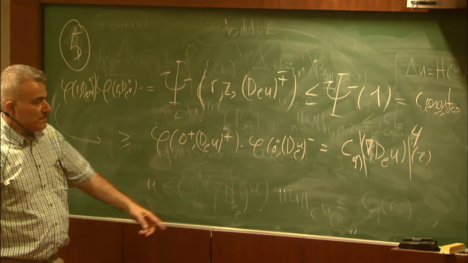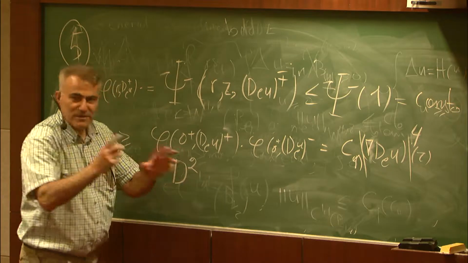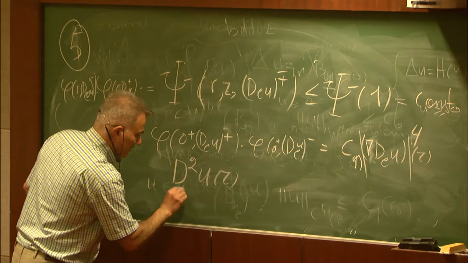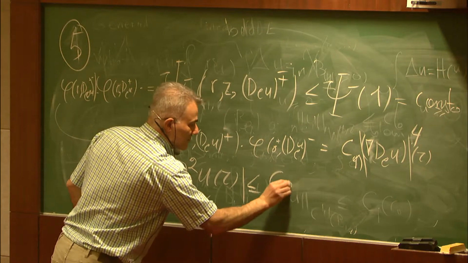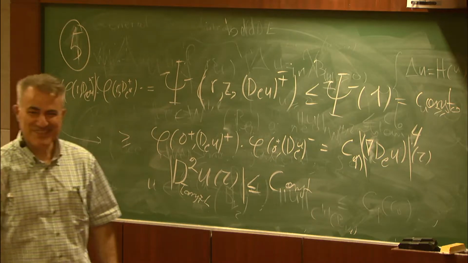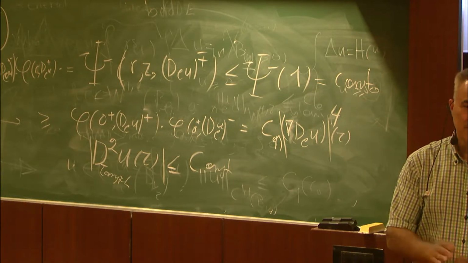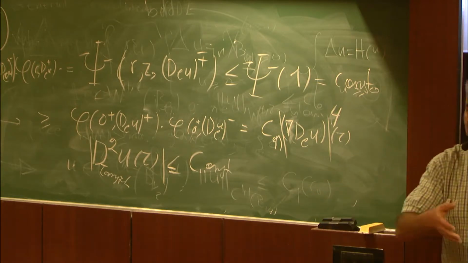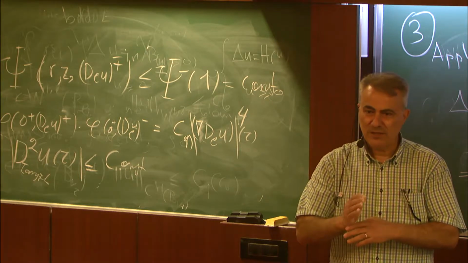So what I have here is that the second derivative, only in certain directions, tangential directions, of the function u at the point z, is bounded by a constant. If the table were longer, it would be one line. So that's the proof of it. And now you complete this with the PDE, and you get the other piece, which tells you that the normal direction is also bounded.